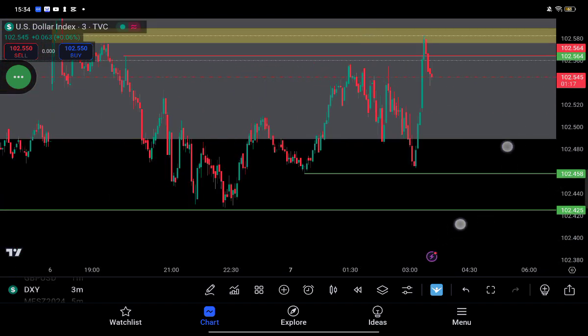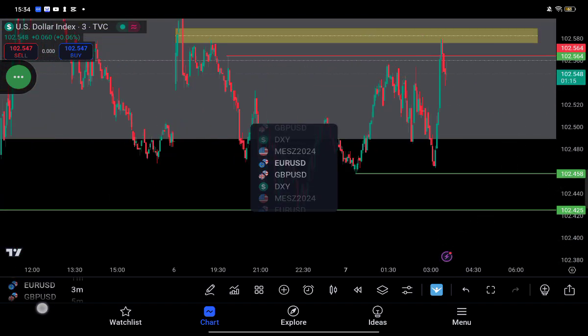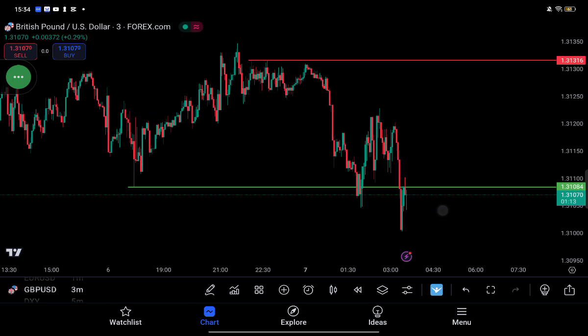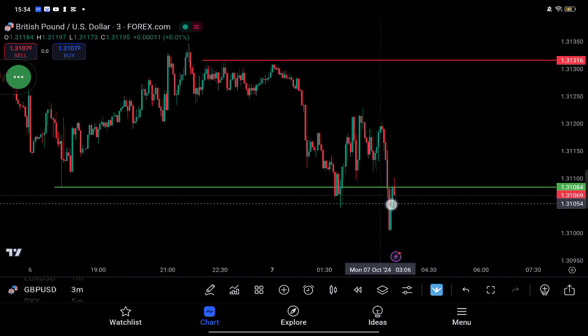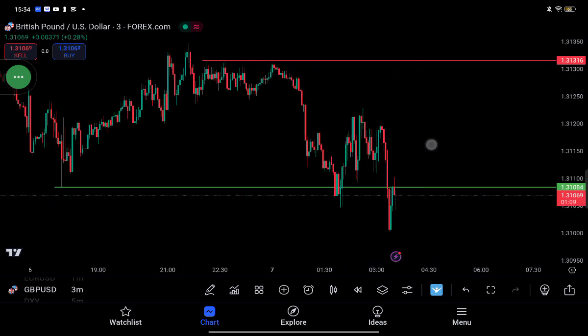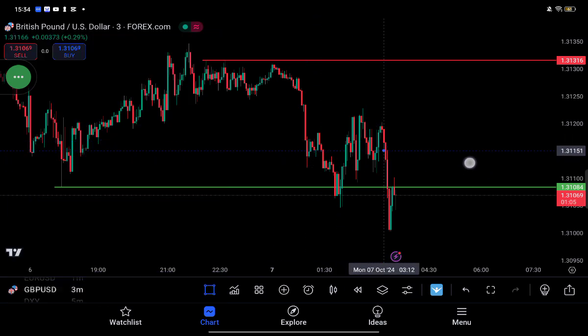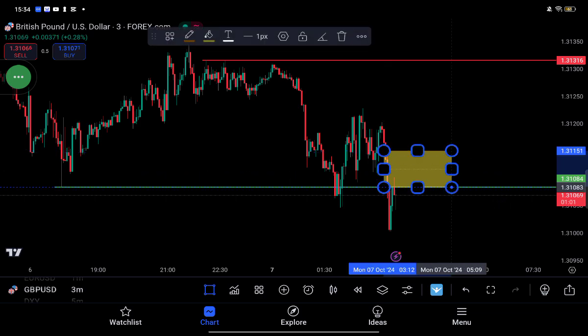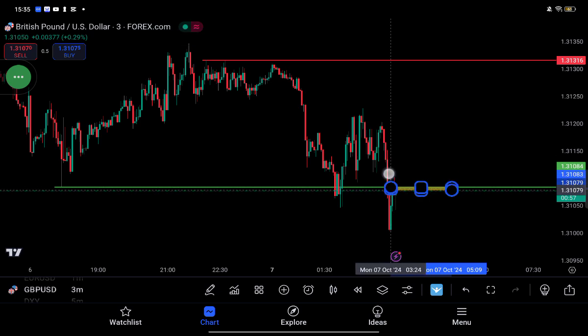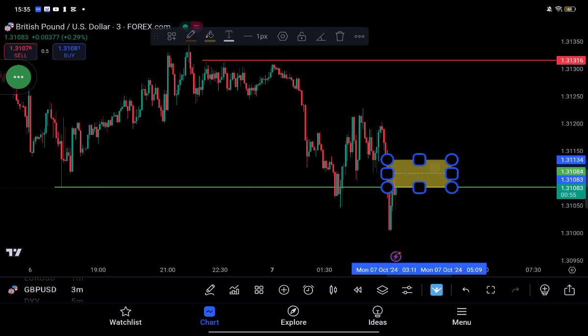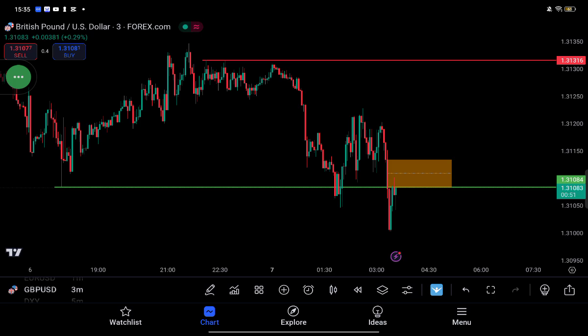Now sell side is just feeling super safe, and GBP is also looking like it might want to power up. So I'm looking at this CB here as a potential inversion fair value gap.